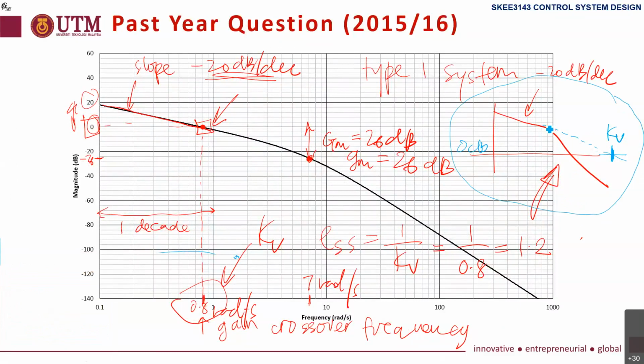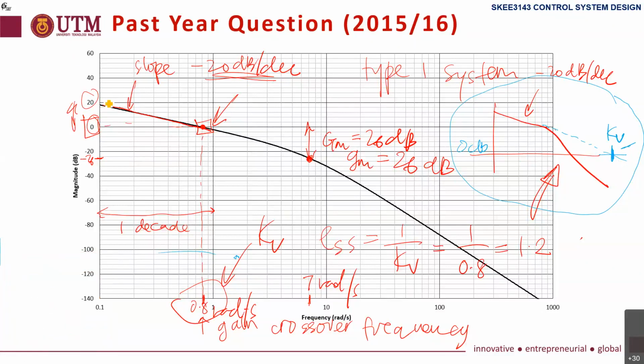For a system type 1, if we make a straight line from the original line, then the point that crosses 0 dB is equal to Kv.